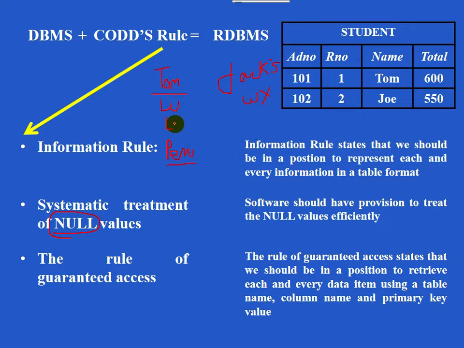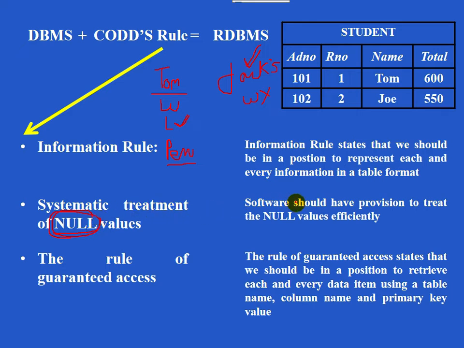So he will not be able to open this letter in Jack's computer because the corresponding application is missing. So Tom's letter in Jack's computer is an example for incapable application. So the word null means either missing entry or incapable application.